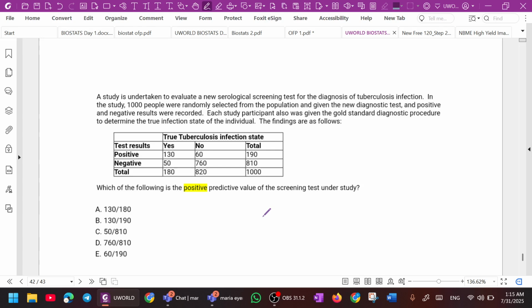Yes. Okay, so let me do it. Positive predictive value is the number of people that have the disease divided by the people that tested positive for the disease. So yeah, I agree with you. Okay, last question. I think, not sure at this point. Yeah, I think so.